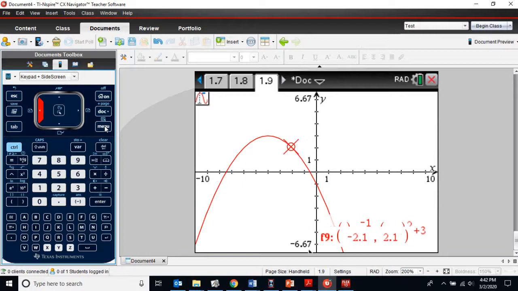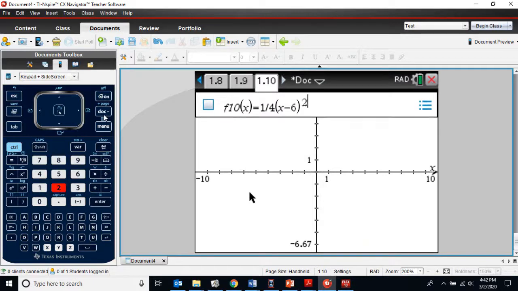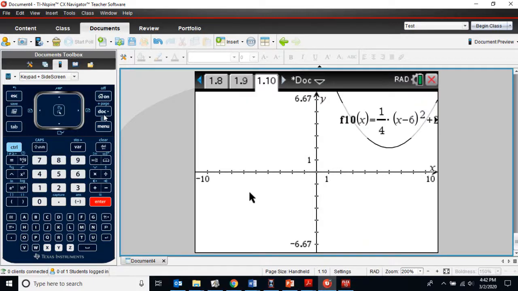So my vertex here is a maximum, and it's -4, -3, which means A is not my answer. Okay. Then let's go to a new graph page and type in answer choice B, which is 1/4 times x minus 6 squared plus 2.